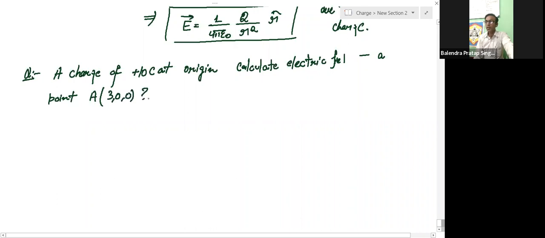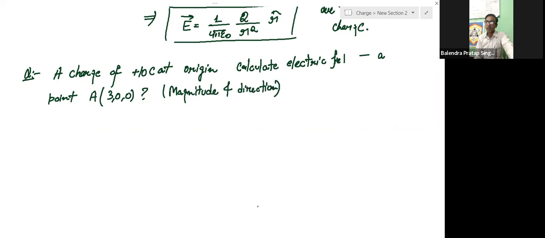Find the magnitude and its direction. Okay, so this is the problem.